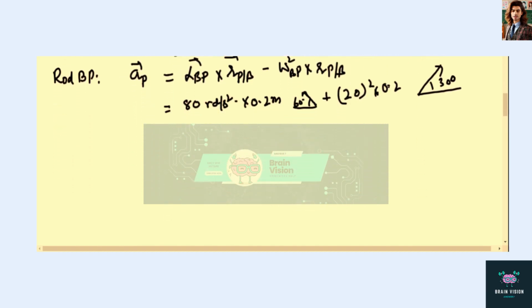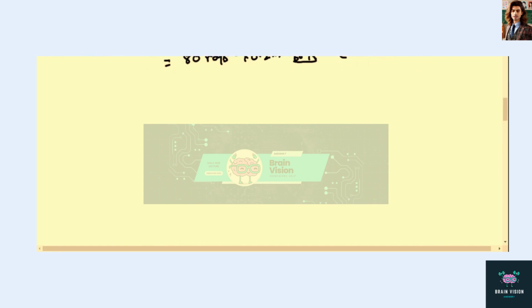So acceleration of point P would be 16 meter per second square in the direction above the horizontal line by 60 degree plus 80 meter per second square in the direction above the horizontal line by 30 degree.